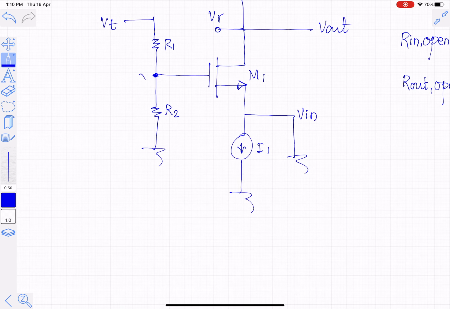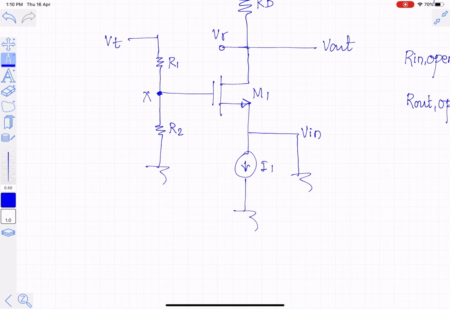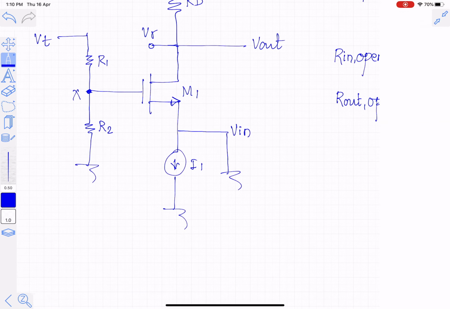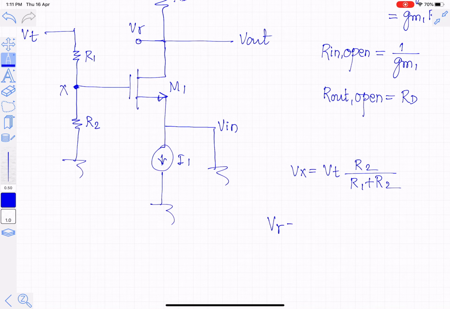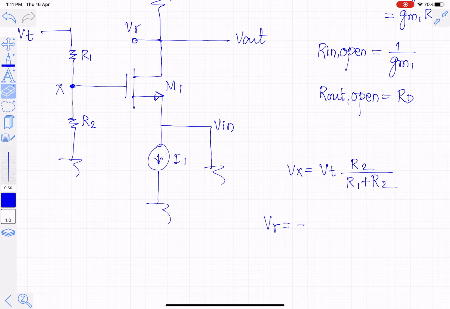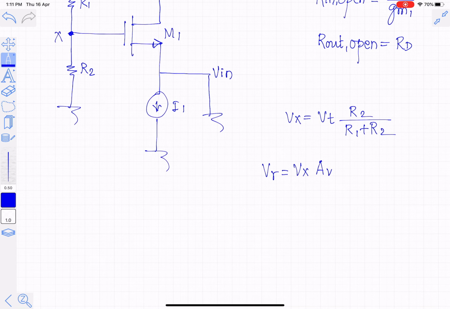We know that the voltage at this point, Vx, is equal to VT into R2 divided by R1 plus R2, and Vr, that is the output voltage, is Vx into gain AV. The input voltage at the gate terminal multiplied by gain will be equal to Vr.